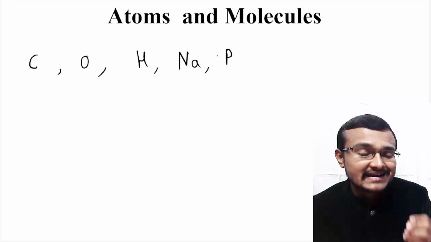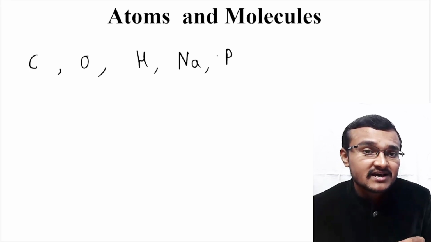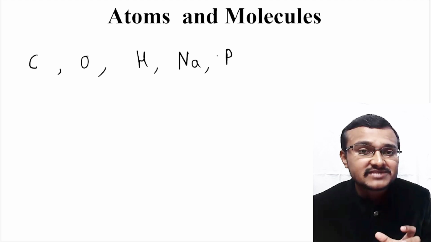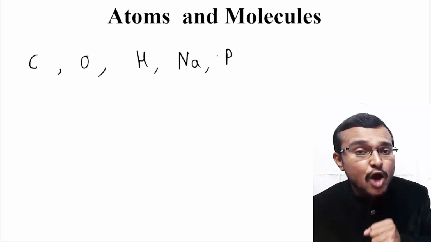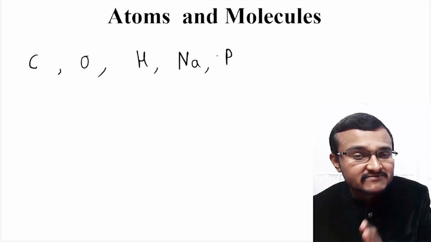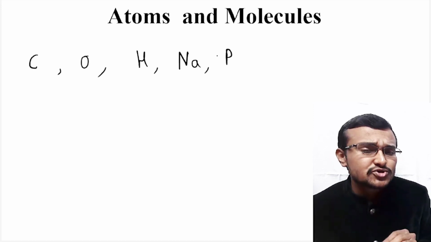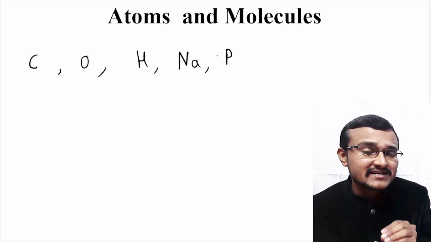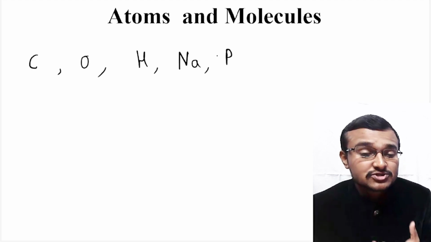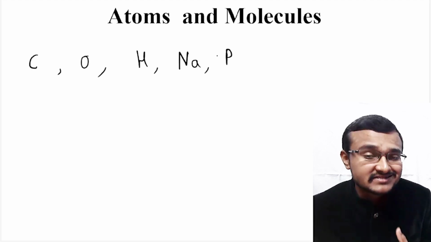So every element is made up of its respective atoms, and all these atoms have different mass. So how to find out this particular mass of each and every element which is there in the periodic table? So to calculate that, we actually use some kind of relative mass technique. So how does this particular relative mass technique work?